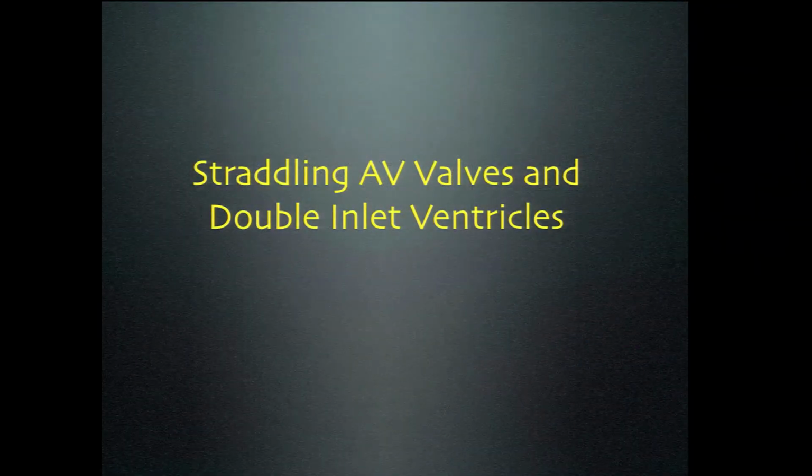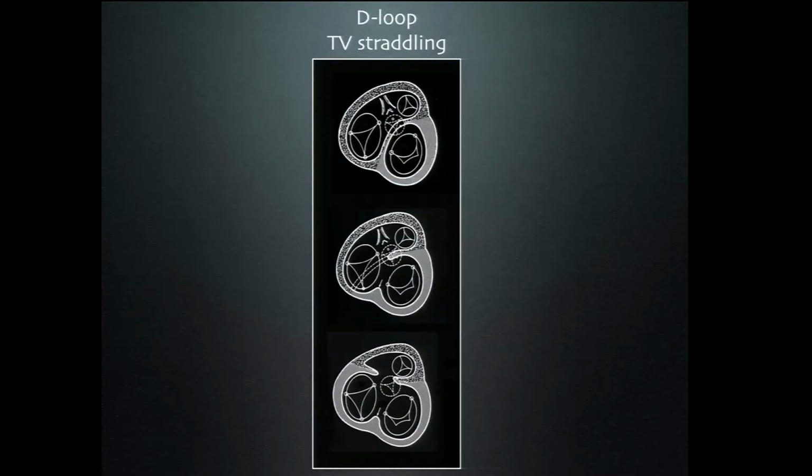Let's move on to the straddling AV valves and double inlet left ventricle. So this is the D-loop ventricle, or right-hand topology. You have your right-sided right ventricle, left-sided left ventricle. It's normal, right? Tricuspid, mitral, aortic valve, spatially a little bit overriding, and the pulmonary valve here.